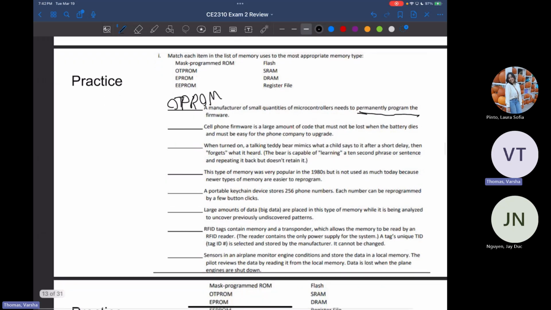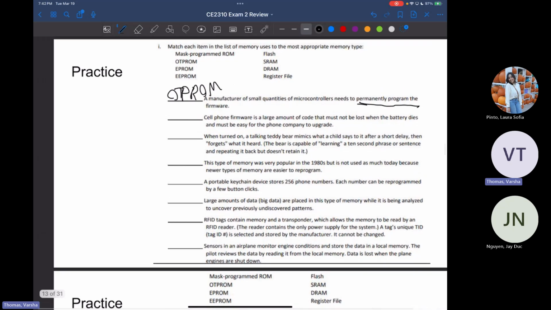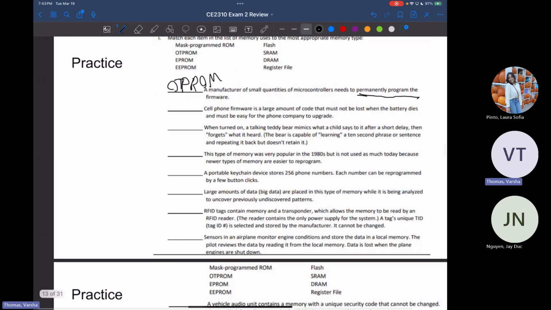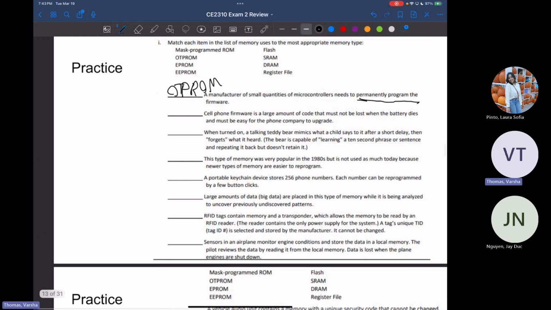And when we go to the next one, it says cell phone firmware is a large amount of code that must not be lost when battery dies and must be easy for the phone company to upgrade. So right off the bat, we know that the memory will not be lost when battery dies, right? Because it tells us right there.